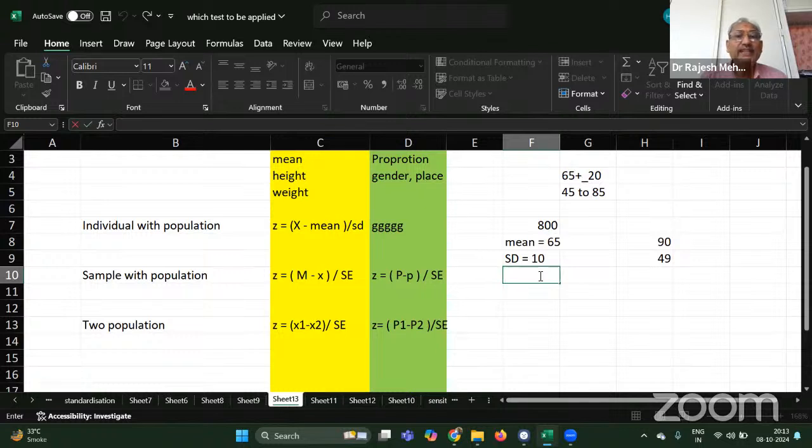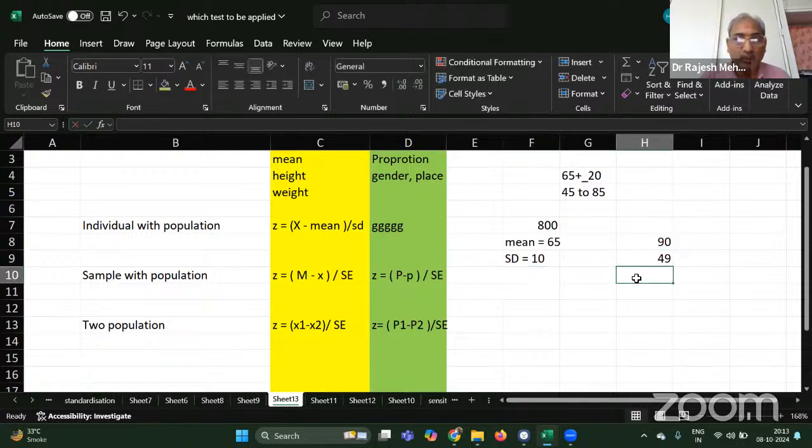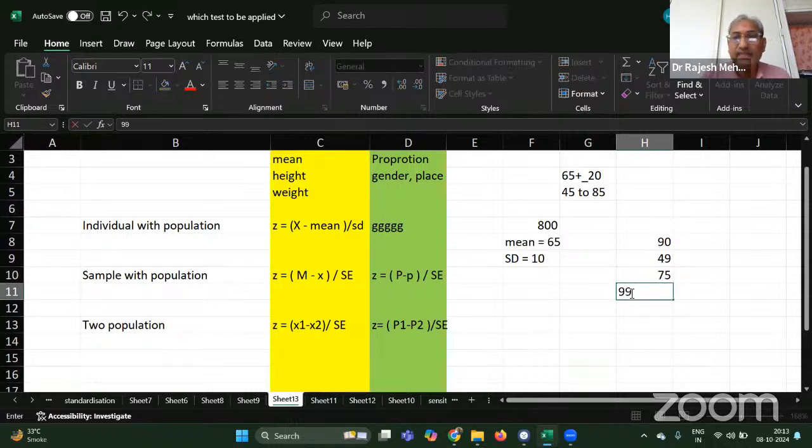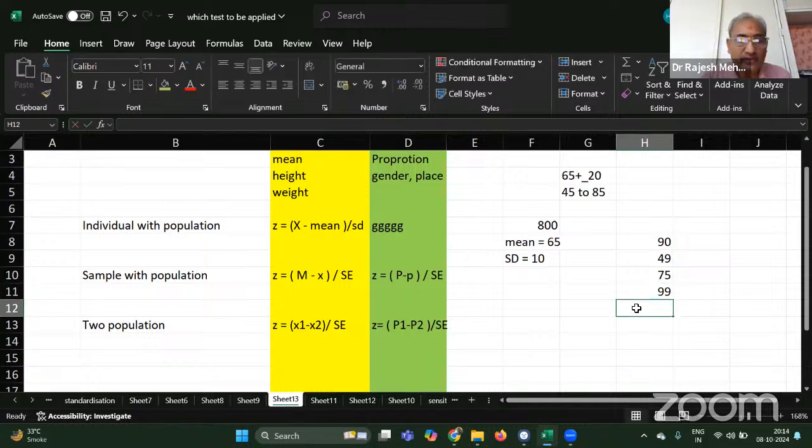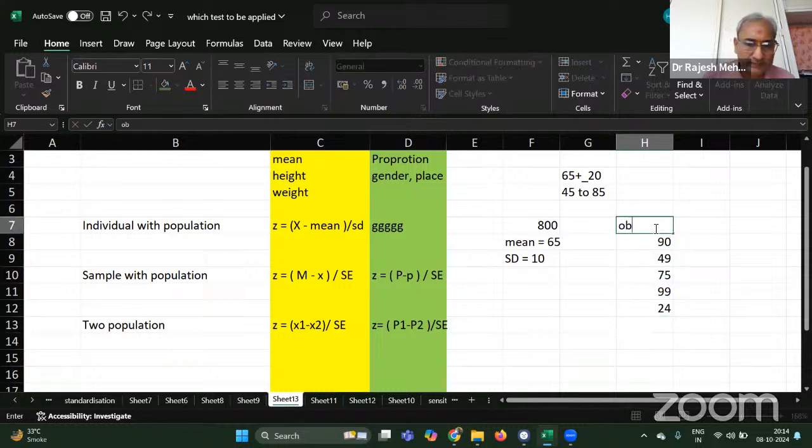Z is known as the relative deviate, how much it is deviated from the expected value. Here the observed value is 90, here the observed value is 49. There could be another observed value, let's say 75, or 99, or 24, like this. All these are observed values.